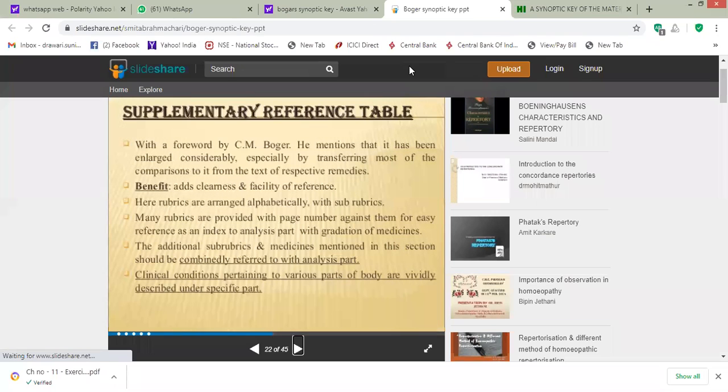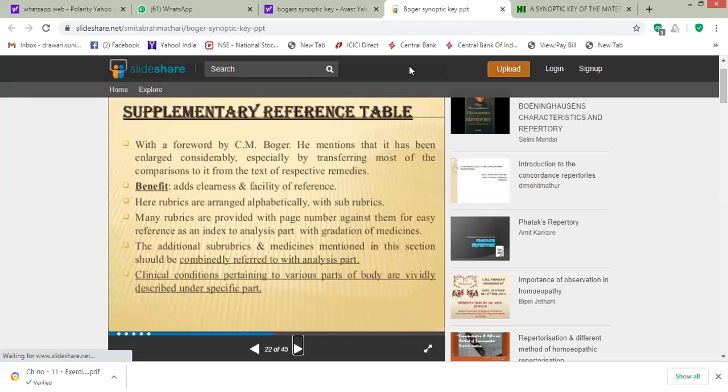And the additional subrubrics as well as medicines which are mentioned in this section are also referred to with the analysis part. And the clinical conditions we found under the specific part.